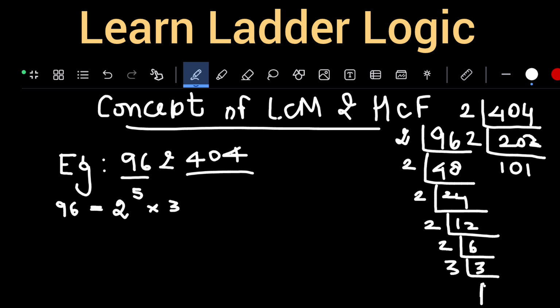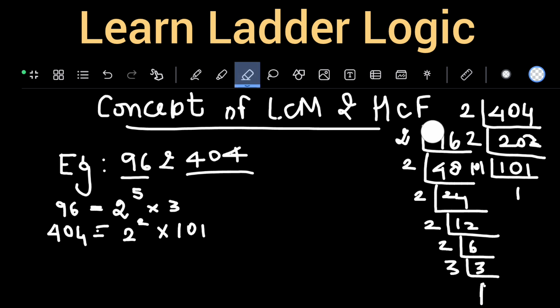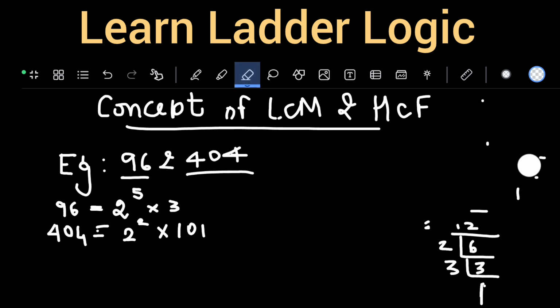Here 101 is a prime number, so we are leaving the number the same way. 101, 1. So I can write 404 is equal to 2 to the power 2 into 101. I'm just erasing the sign of prime factorization.